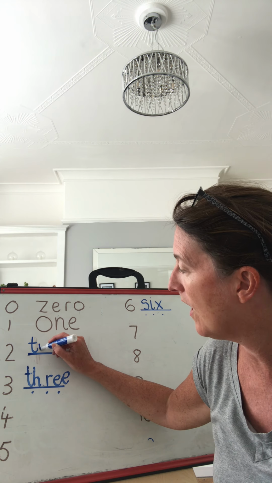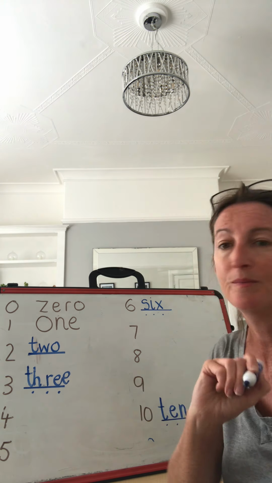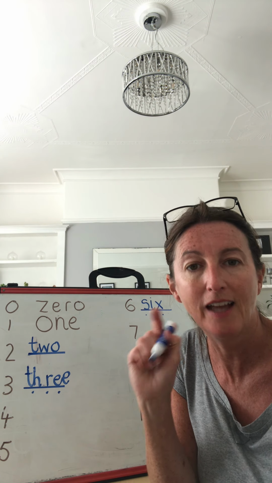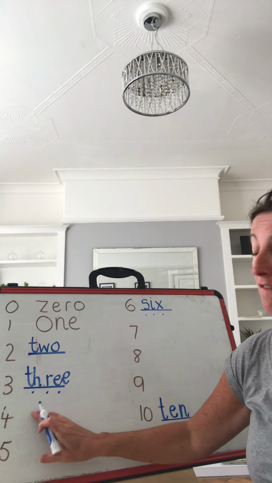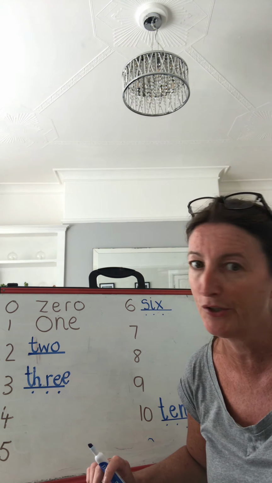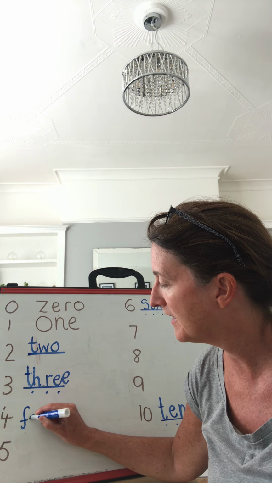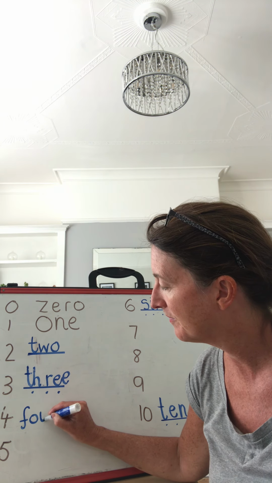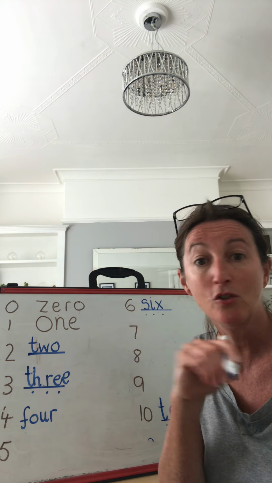It's got a w in the middle. 2. It's tricky, isn't it? That's why it's tricky. Now, I've put those other ones in there. 4, and it's spelled like this. You just got to learn it.